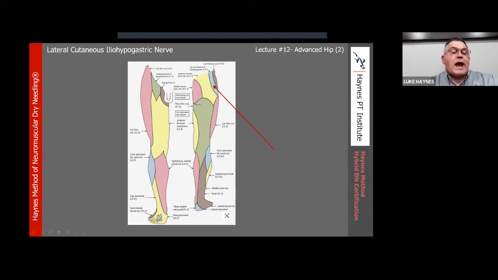So having at least a chart readily available to evaluate where this sensory distribution is, if we know that, then we can effectively dry needle those nerves, see if we can reduce that tension in those fascial planes or in the muscle where nerves may be piercing through. Prime example, she was having some weakness in her quads, femoral nerve L2, 3, 4.